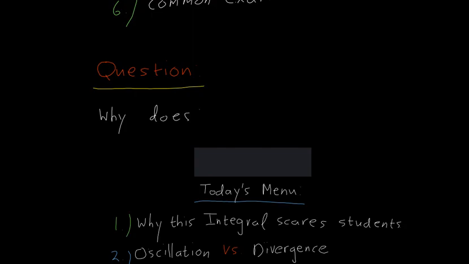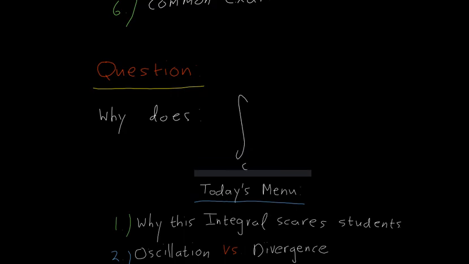Why does this integral, the integral from 0 to infinity of sine x dx, diverge?